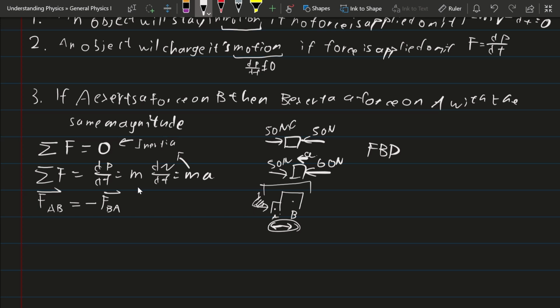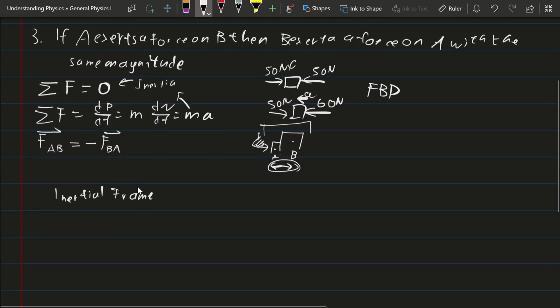So we want to talk a little bit about something that we call an inertial frame. And what is that? Basically, an inertial frame means that you have a frame that is moving at a constant velocity. The v is constant for the reference frame.